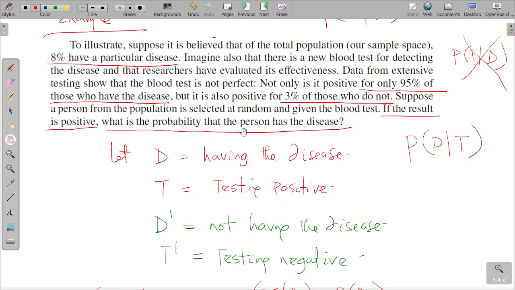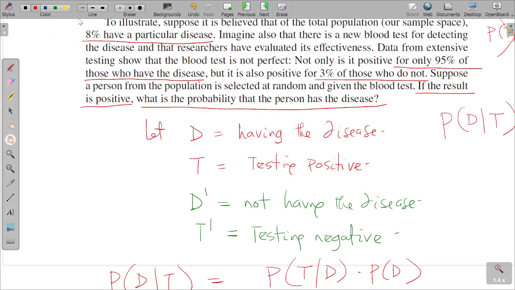But if I change the question slightly, let's assume they said if the result is positive, what is the probability that the person does not have the disease?